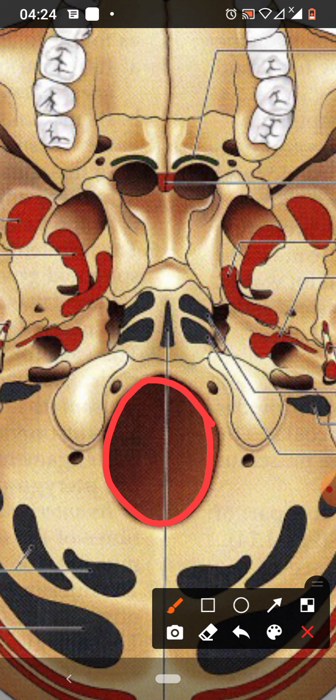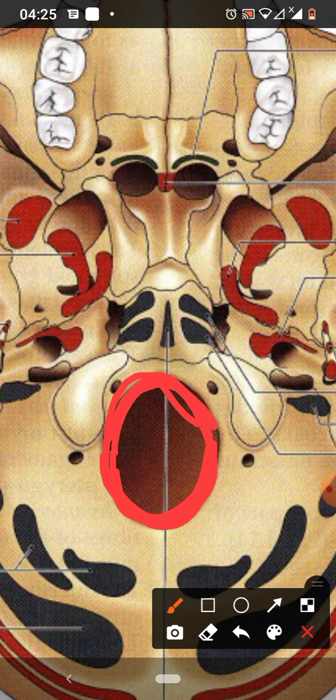The anterior part of the foramen magnum gives attachment to the anterior atlanto-occipital membrane, and the posterior part gives attachment to the posterior atlanto-occipital membrane. So anteriorly we have the anterior atlanto-occipital membrane, and posteriorly the posterior atlanto-occipital membrane.